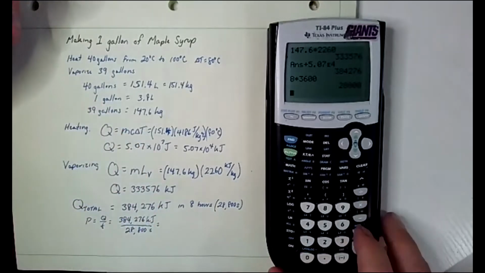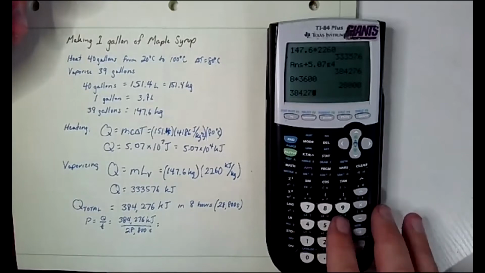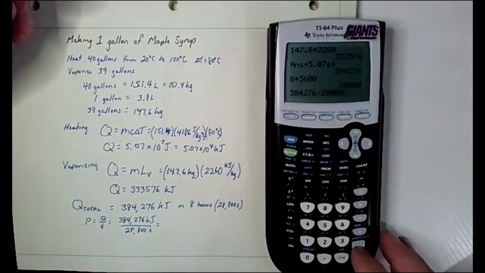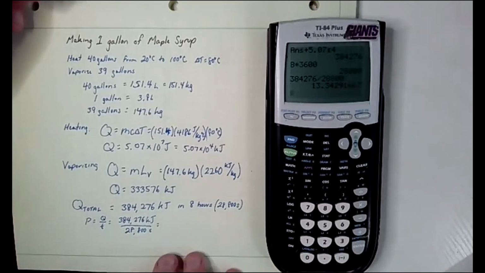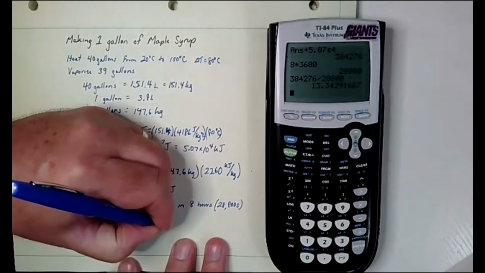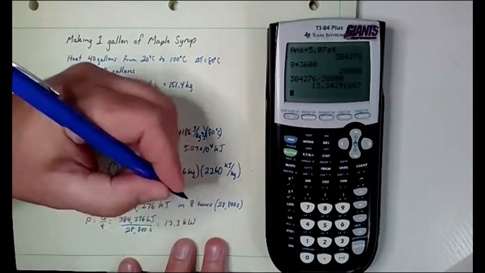Okay. All right, so 384,276 divided by 28,800. Yeah, that looks about right. And so that means I'm going to need 13.3, and this is a unit of power, kilowatts.